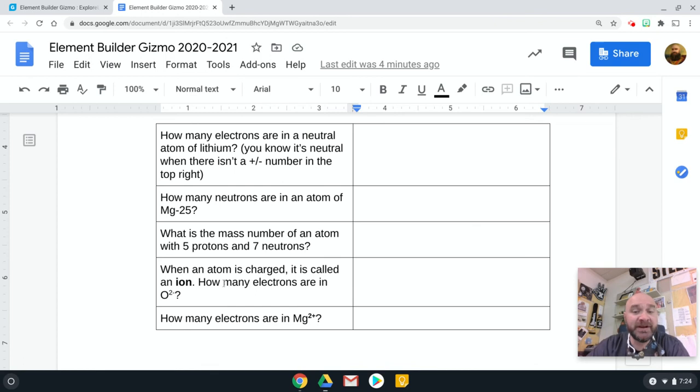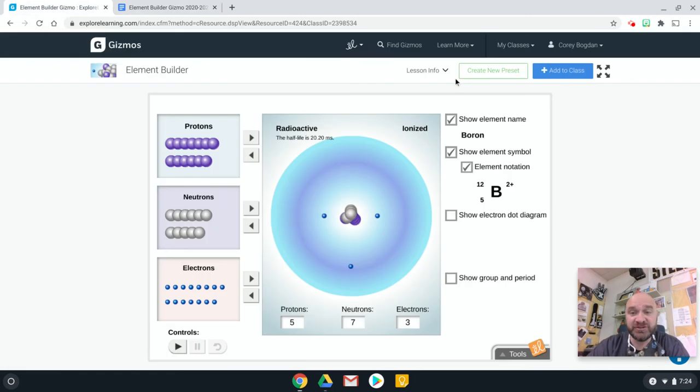All right, when an atom is charged, it is called an ion. How many electrons are in O with a charge of -2? Your job is to switch the element to oxygen, and instead of +4 or whatever's right here, you need to make this be a -2. Then you can answer the question.